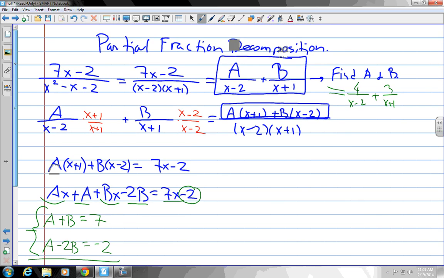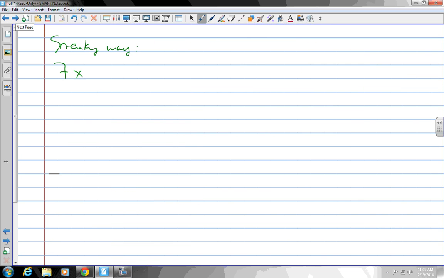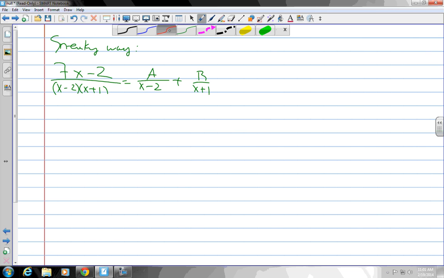So we all should be able to get to the point (7x - 2)/((x - 2)(x + 1)) = a/(x - 2) + b/(x + 1). We should all be able to get to this point. There's no way around that. And we should also find the LCD.